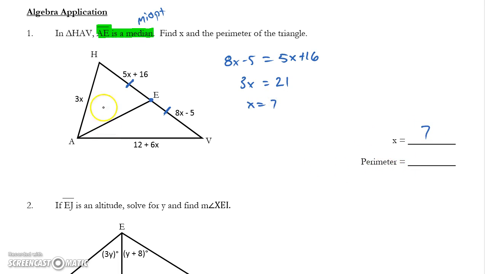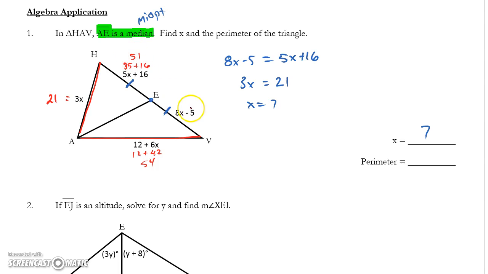Then to find the perimeter of my big triangle, I need to find my three sides. Well, I know that x is 7, so this is 21. I know that this is 12 plus 42. That's 54. I know that this is 35 plus 16.